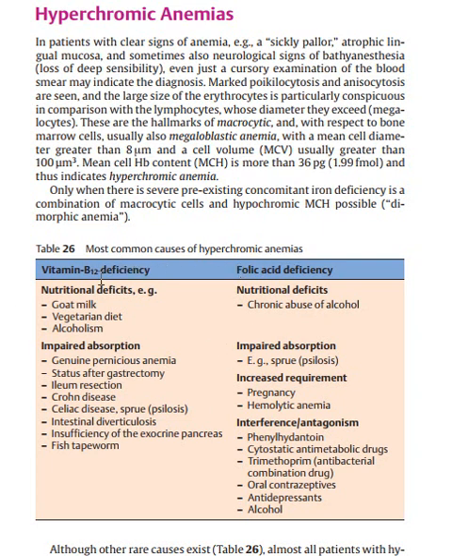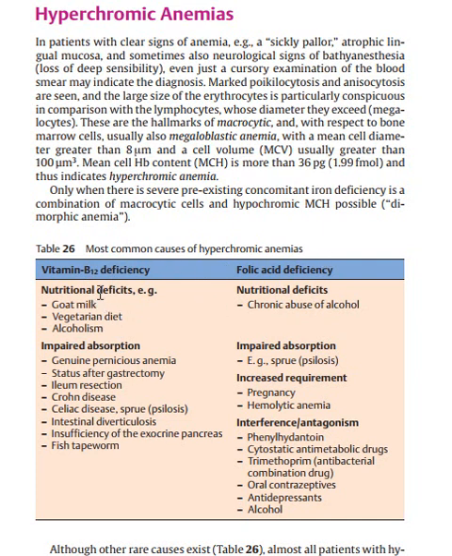What are the causes? The first one is nutritional deficiency, when you have lack of milk, vegetable diet, alcoholism. So you are going to have nutritional deficiency in vitamin B12 or folic acid. These are the two main causes of hyperchromic anemia. What causes vitamin B12 deficiency?